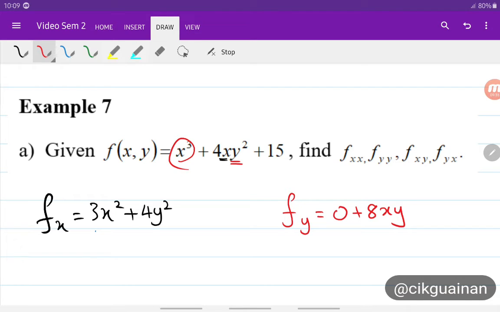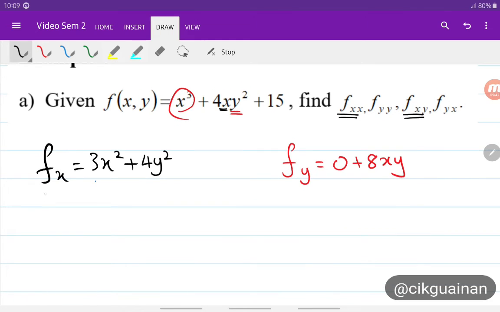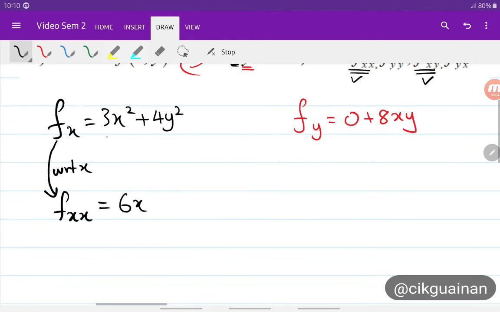Now from f sub x we can get f sub xx and f sub xy. So we do that first. Differentiating f sub x with respect to x, what we get is 6x, and 0. Then f sub xy means we differentiate with respect to y.